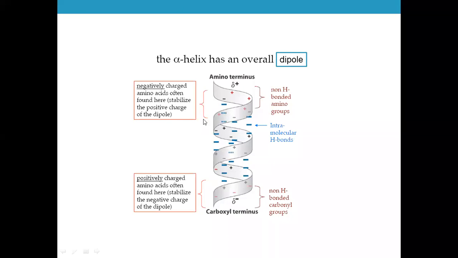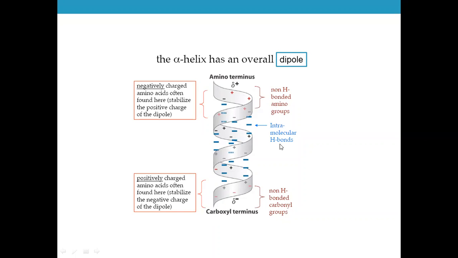Negatively charged amino acids are often found here to stabilize the positive charge of the dipole. Here you have the amino terminus, and it's positively charged, so any close-proximity negatively charged amino acids could stabilize that. On the carboxyl terminal end, you have a negatively charged carboxyl terminus, so positively charged amino acid side chains close to that could stabilize the negative charge of the dipole.